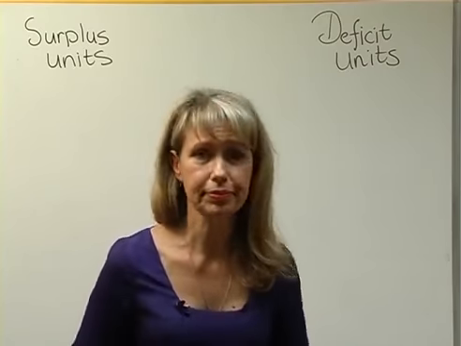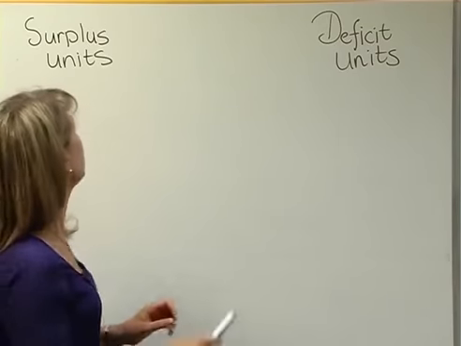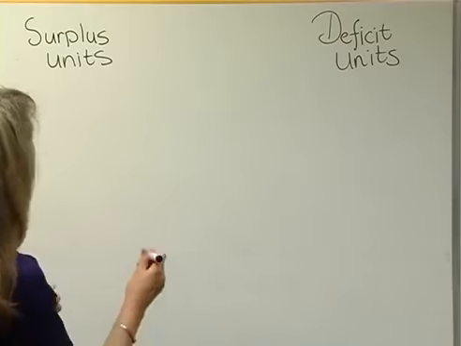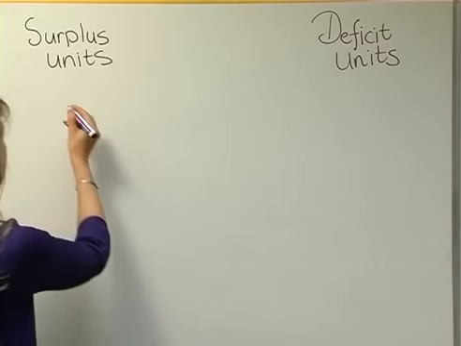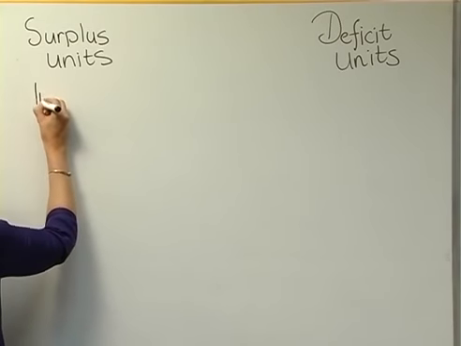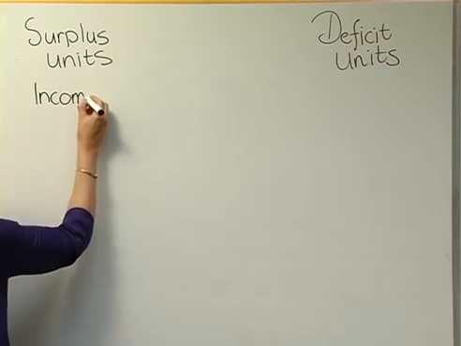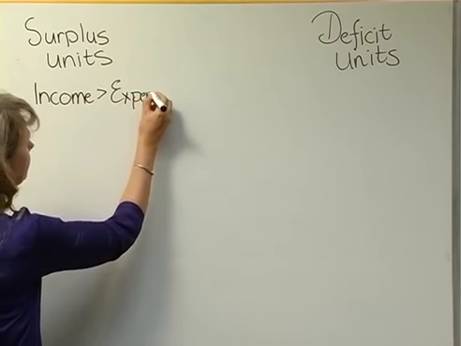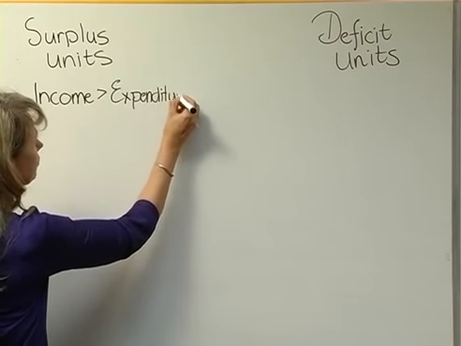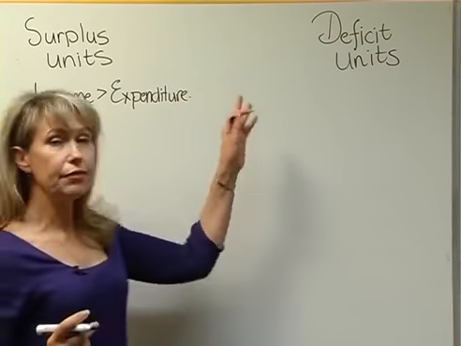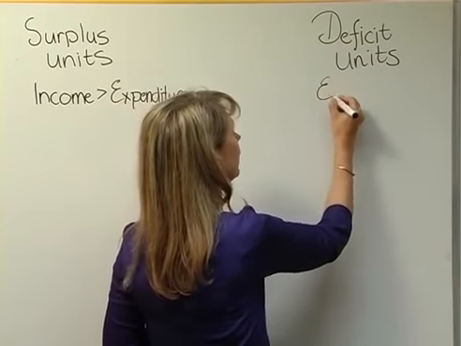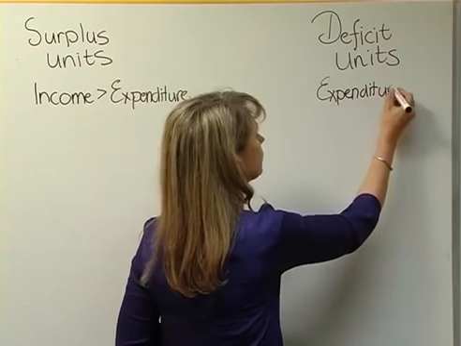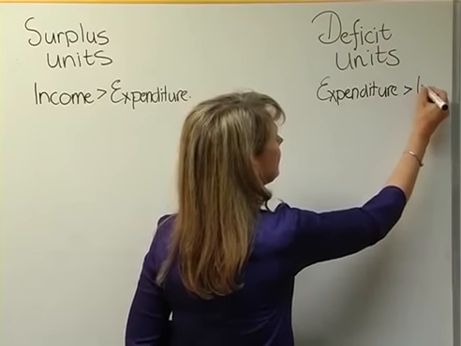In our economy, we have surplus units and we have deficit units. Surplus units would be those units where the income exceeds the expenditure, whereas deficit units will be those where expenditure will exceed income.